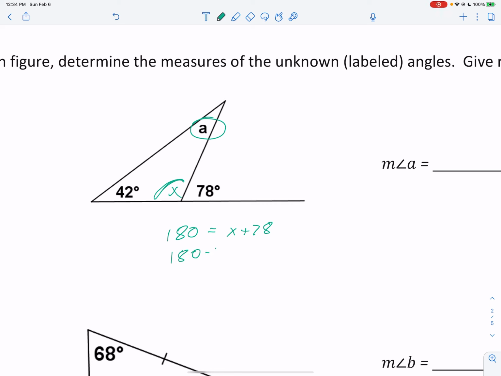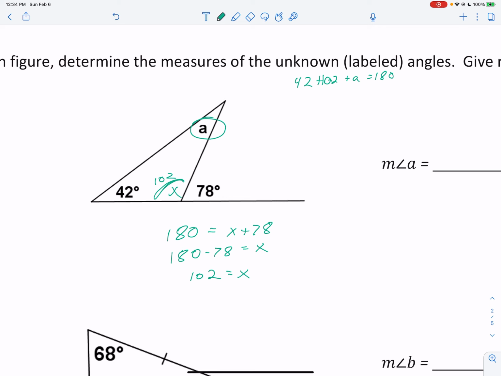180 minus 78 equals X when I subtract 78 from both sides. So it looks like it's 102. So it looks like X equals 102. Unless I made an arithmetic mistake. But we'll find out, won't we? So that means that 42 plus 102 plus A equals 180 because all the angles in a triangle add up to be 180.